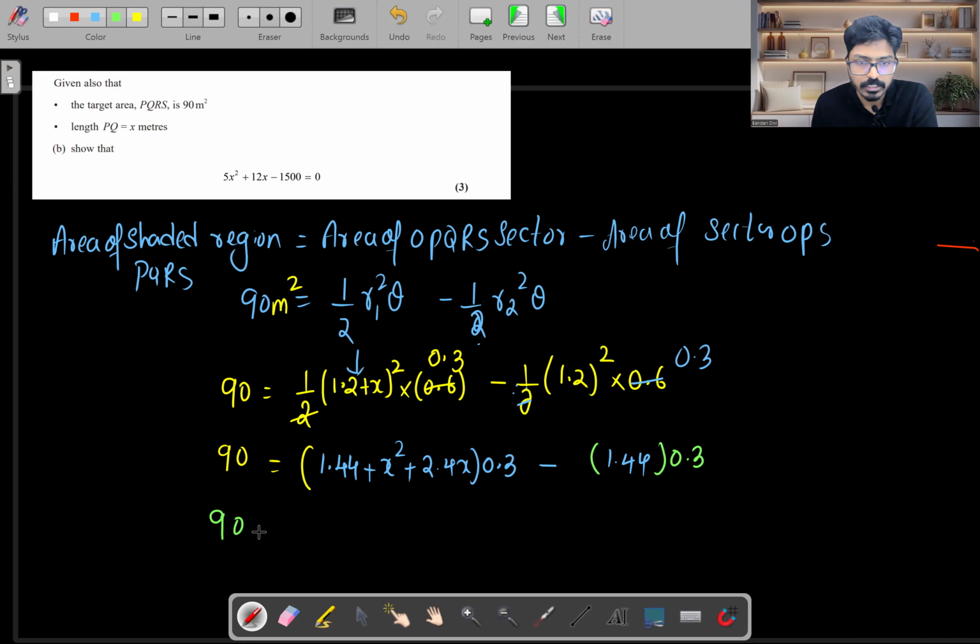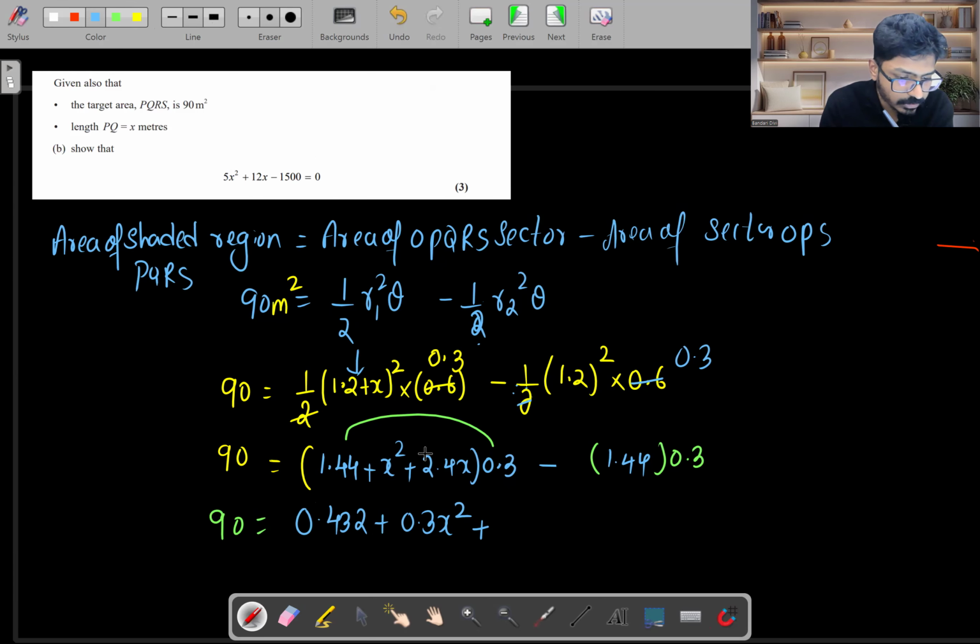Whenever you multiply 1.44 with 0.3, if you use the calculator, I'll get 0.432 plus 0.3x squared, and then plus 2.4 multiplied with 0.3, that would be 0.72x, minus 1.44 multiplied with 0.3, that would be 0.432.